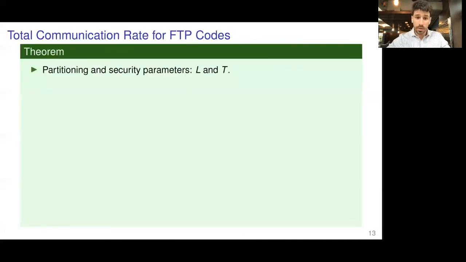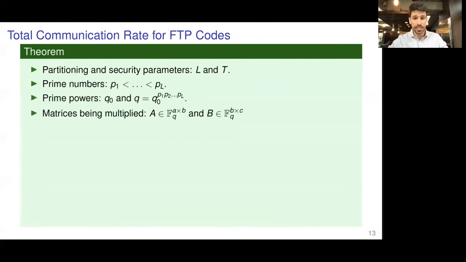With the general scheme introduced, and considering the partitioning and security parameters L and T and some prime numbers in ascending order, we can consider prime powers Q0, and then another prime power Q, which will be Q0 to the power of the product of all those prime numbers. Consider now the matrices A and B in this extended field with Q elements.